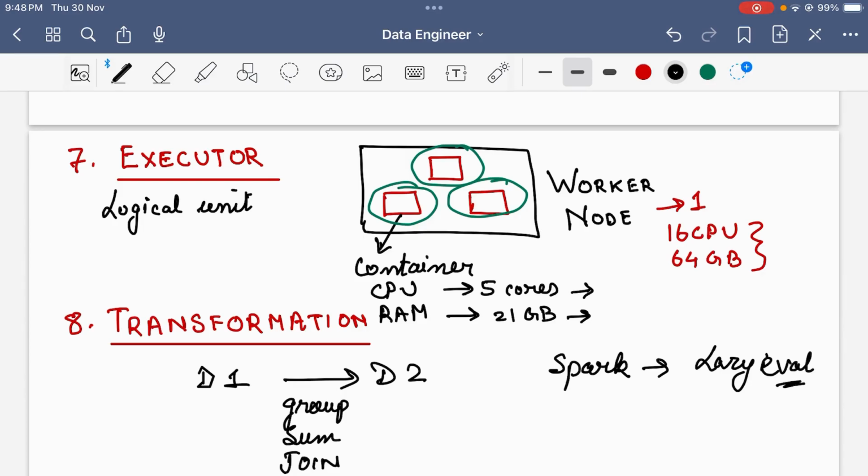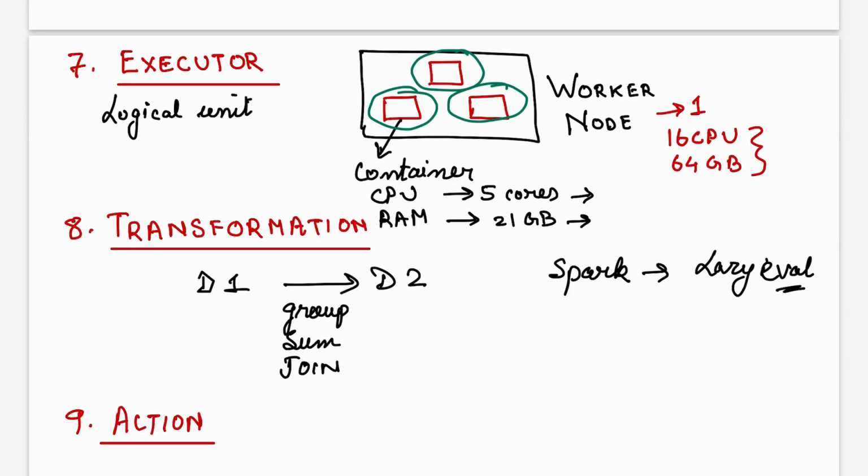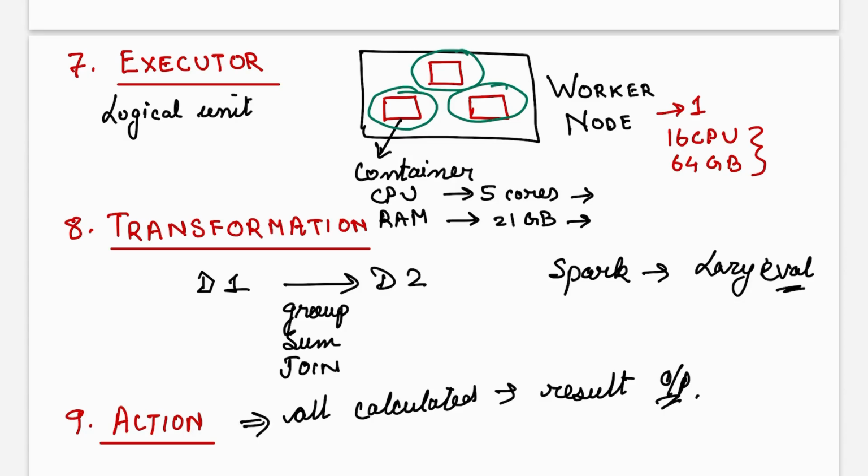Before that, let's see the next keyword, that is action. An action is where all the calculation you want to do is performed and the result is given to you. In the case of a transformation, there is no result provided. Here, the final output is given to you.